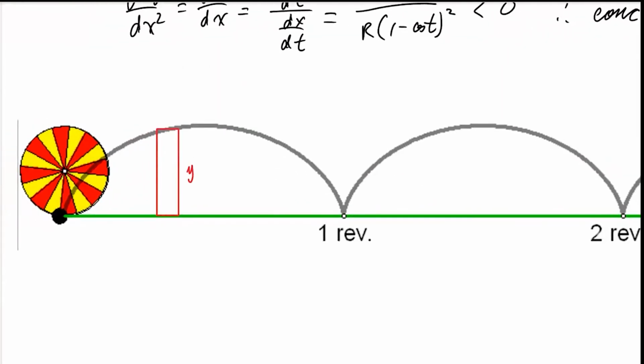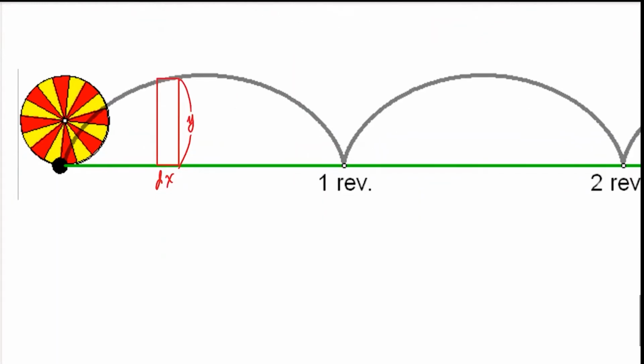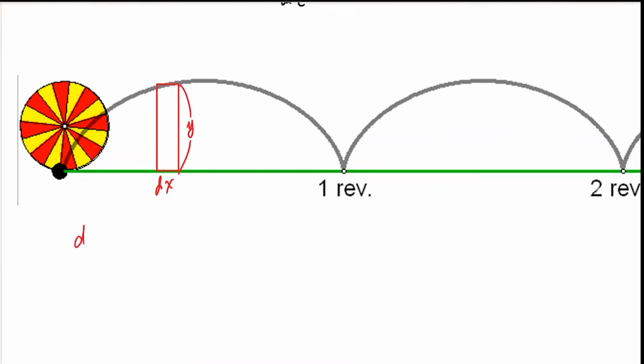Then remember this is y and that is dx, isn't it? So we have my dA. dA has always been y times dx. Say yes. Okay. What was y? y was r times (1 minus cosine t), wasn't it?